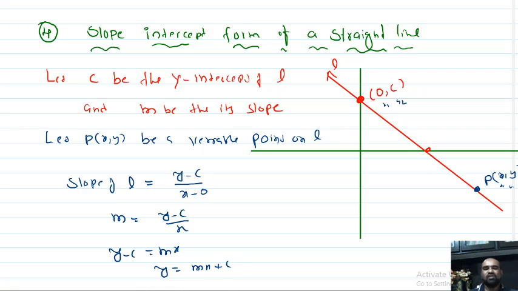In this way you need to remember. So, this is called the equation of the straight line with the y-intercept c and slope m, or sometimes called the slope intercept form of a straight line. Y equals mx plus c is remembered as the slope intercept form of straight line. Here c stands for y-intercept, and m stands for its slope. Okay, this is important. I want to conclude here, Nana.